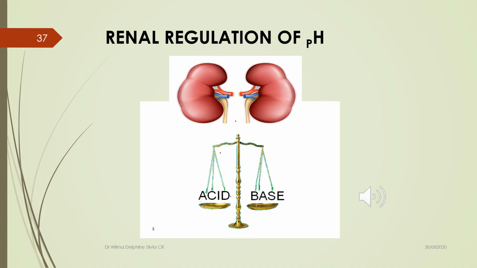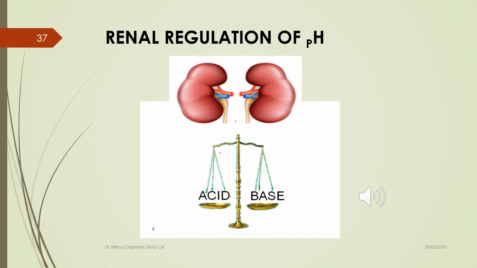So far we have discussed the first line of defensive mechanism to regulate the pH of the body fluids, which is the buffer systems of the body fluids, and the second line of defensive mechanism, that is the respiratory system. The third one, which we are going to discuss now, is the renal regulation of the pH.